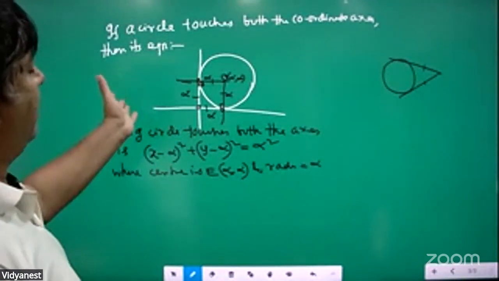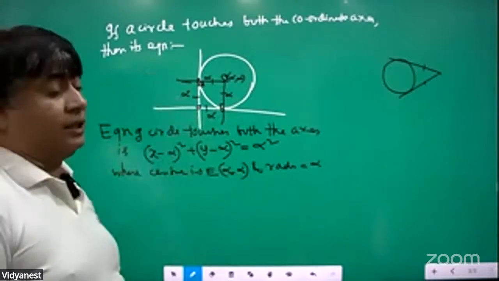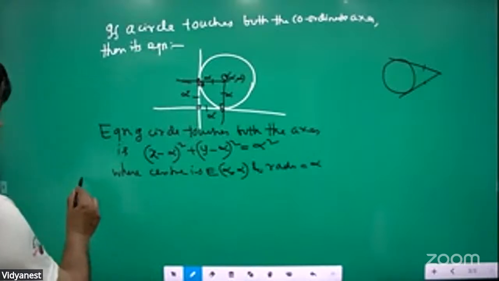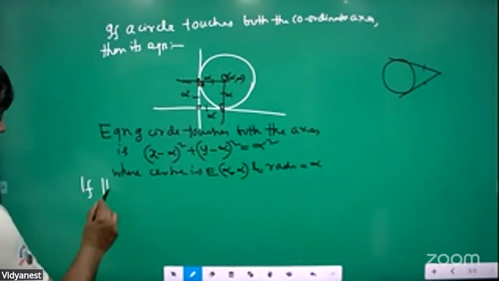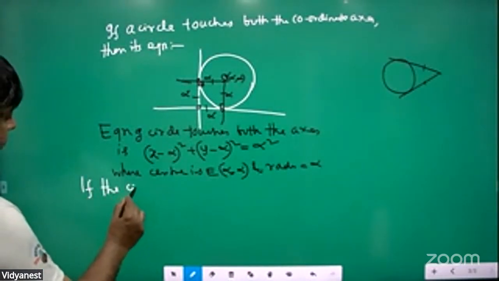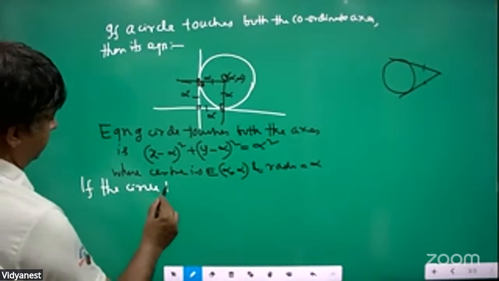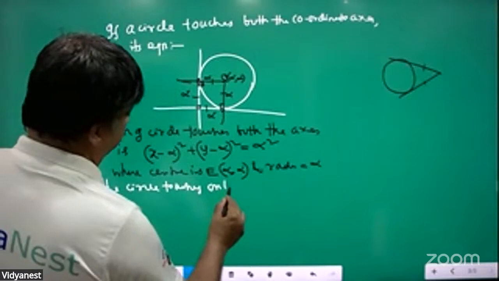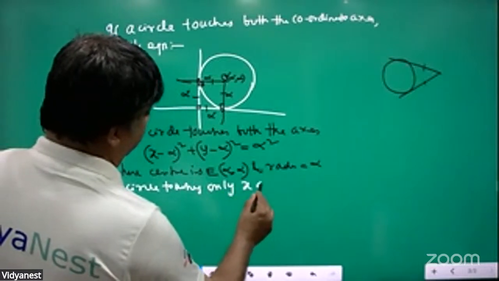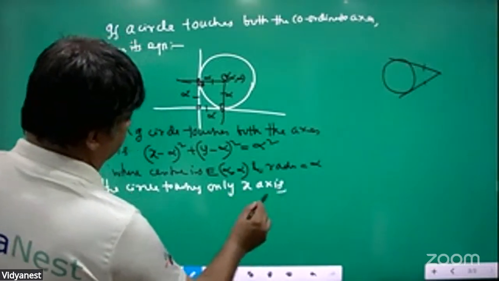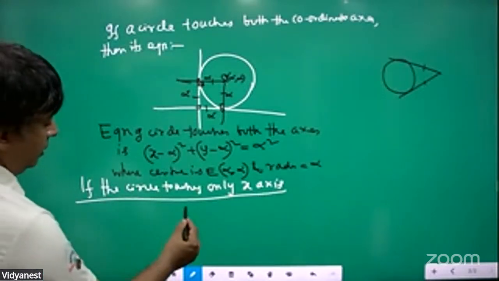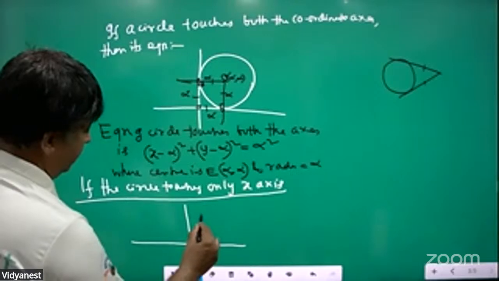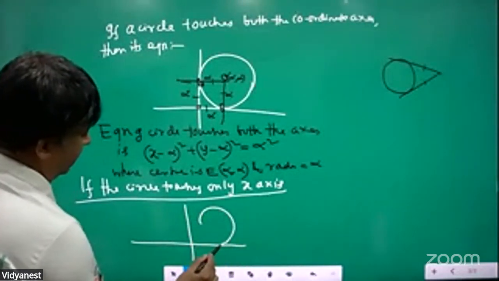Now, if the circle touches only the x-axis, how can I comprehend it? It will be like this, only the x-axis.